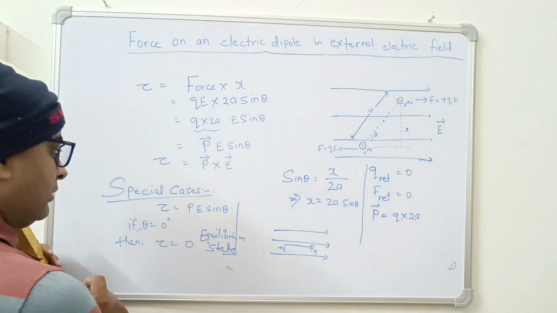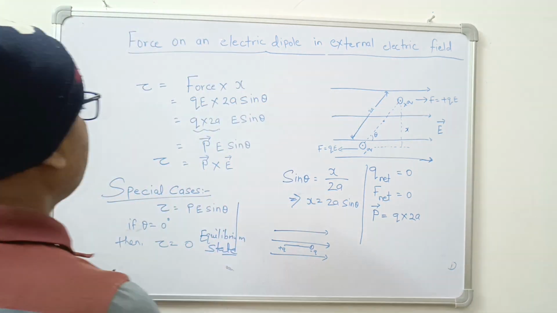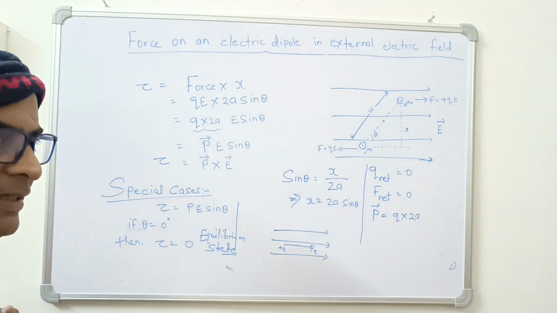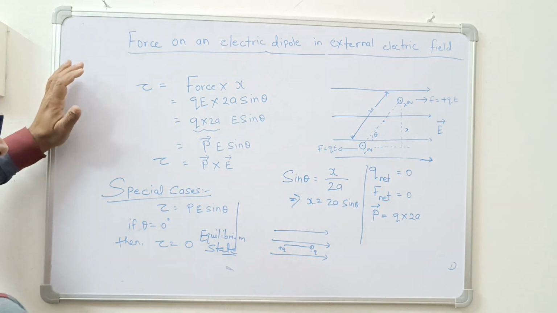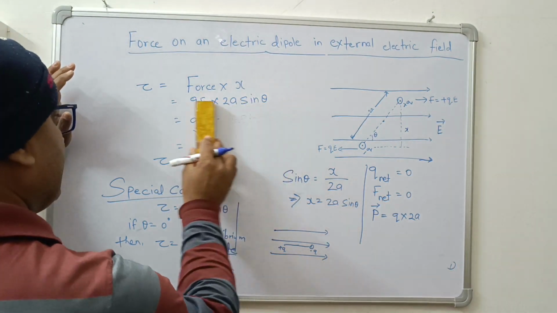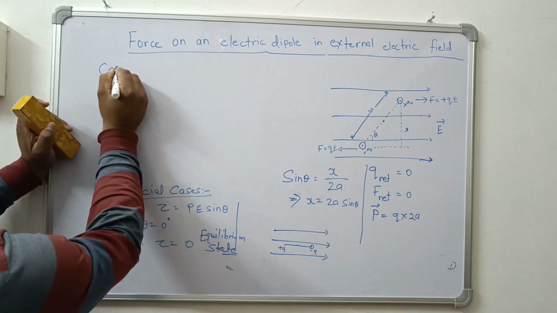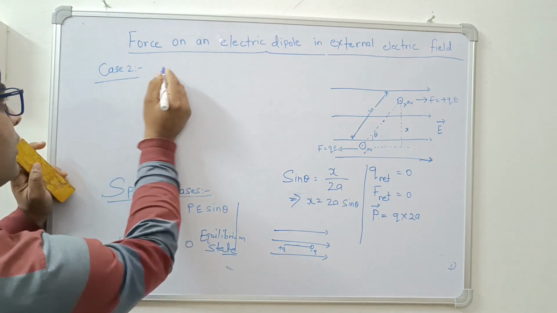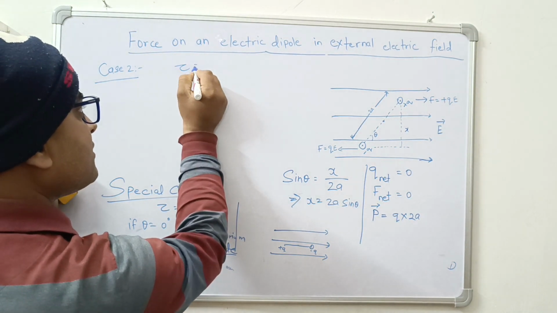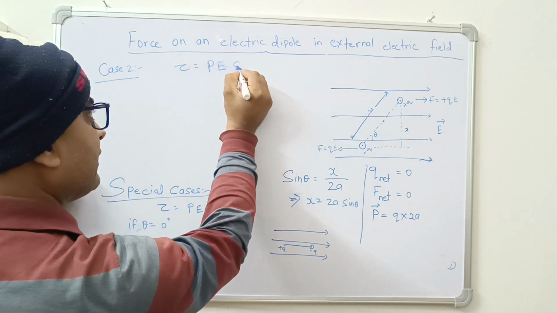Now I am erasing all this, so please take a screenshot of that. Now we have to calculate case number 2, when torque is nothing but P cross E, PE sine theta.